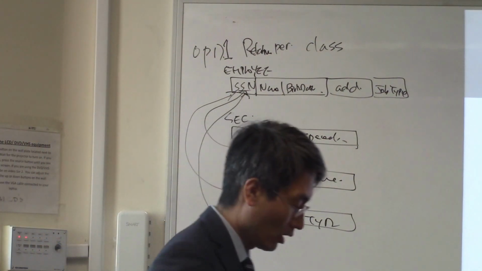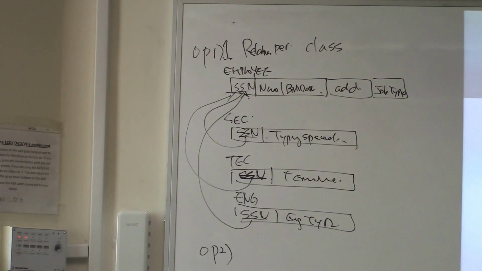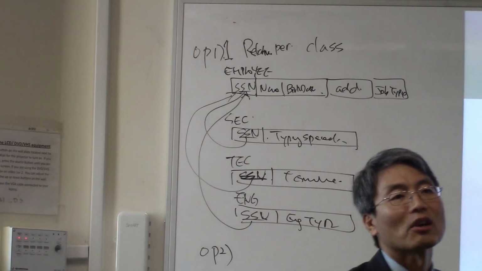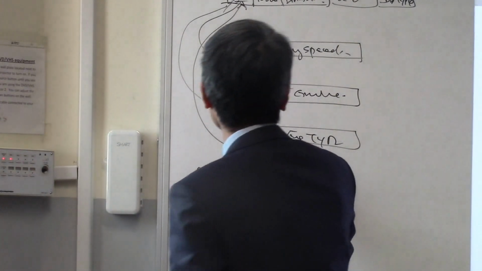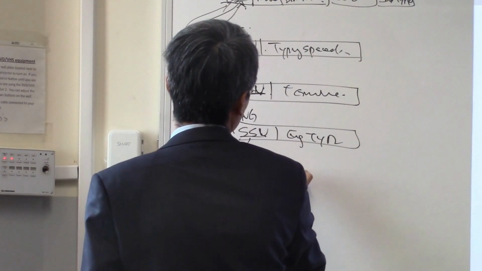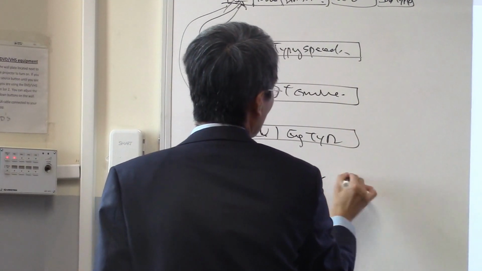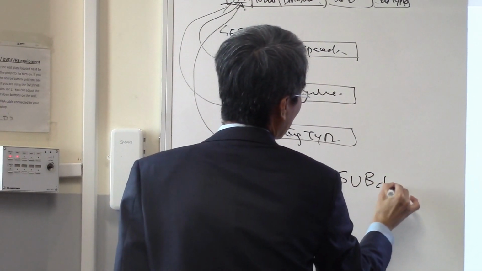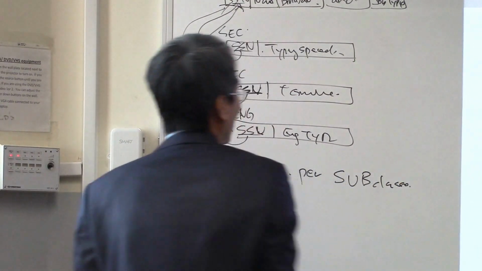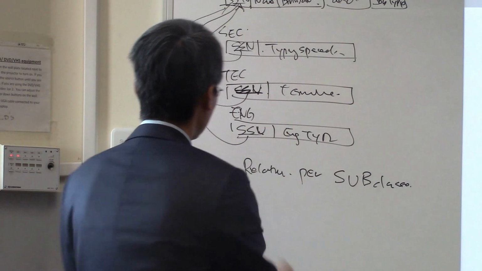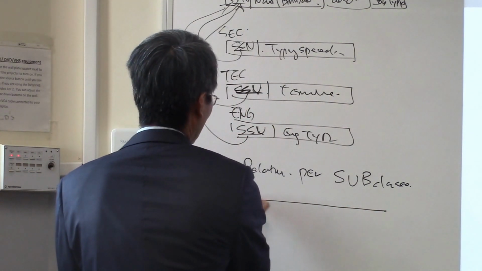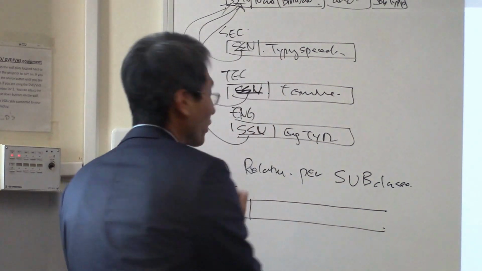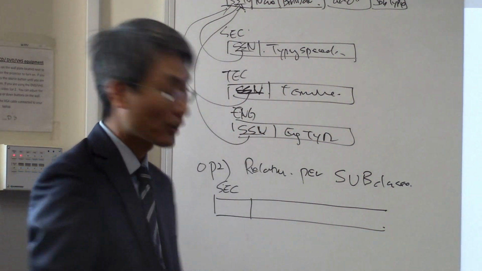Second option is we are going to focus on only subclasses. Okay? So which means we will create the relation per subclass. Each subclass. So which means the first one is secretary. What is the primary key of secretary? It's SSN.